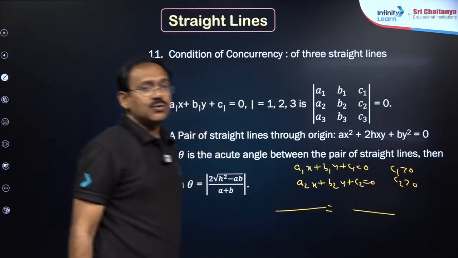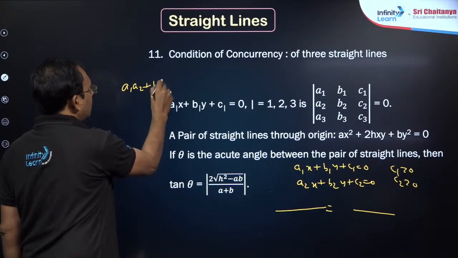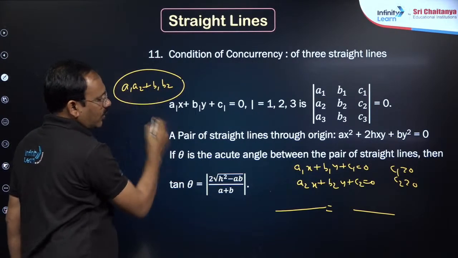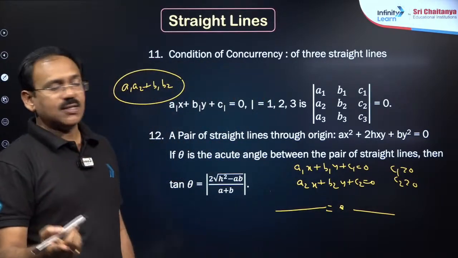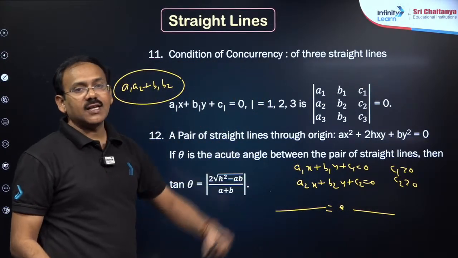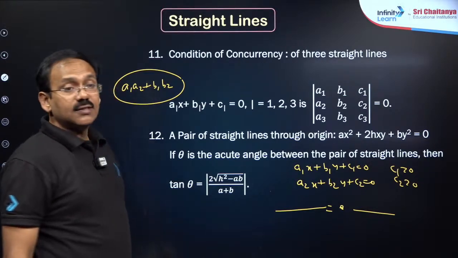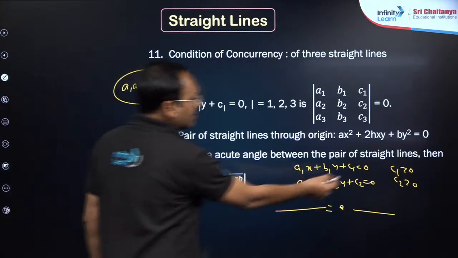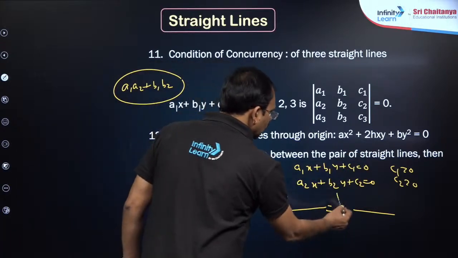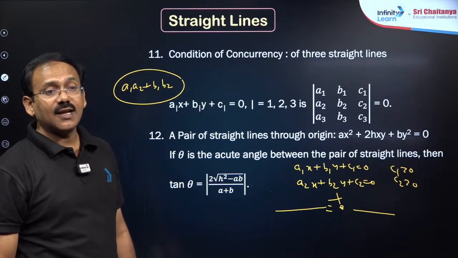Compute a1a2 + b1b2. Whatever sign you get, if you write the same sign you will get the obtuse angle bisector; with the opposite sign you will get the acute angle bisector. And for the angular bisector containing the origin, simply maintain c1 and c2 positive and write plus, and you will get the bisector containing the origin.